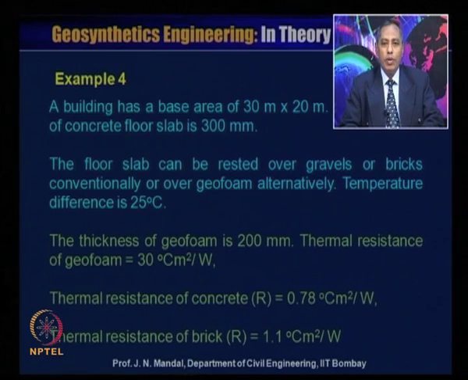The thickness of geofoam is 200 millimeter. Thermal resistance of geofoam is 30 degree centigrade meter square per watt, thermal resistance of concrete R is equal to 0.78 degree centigrade meter square per watt, and thermal resistance of brick R is equal to 1.1 degree centigrade meter square per watt.